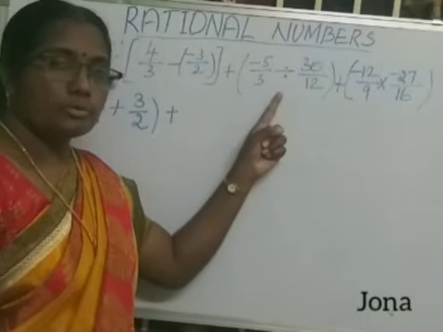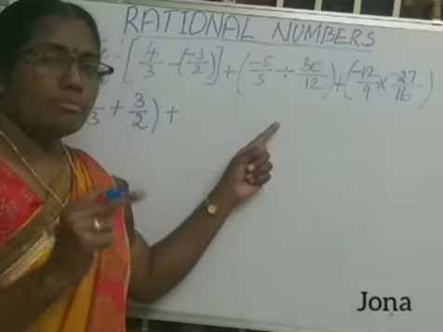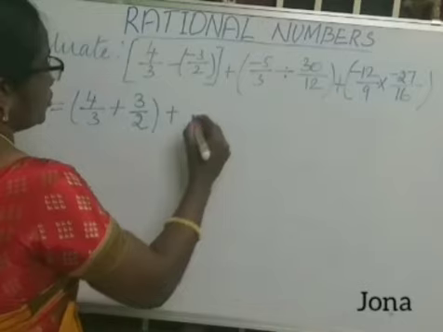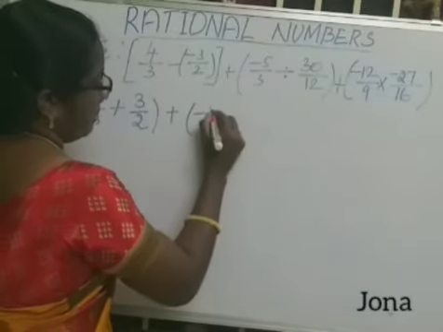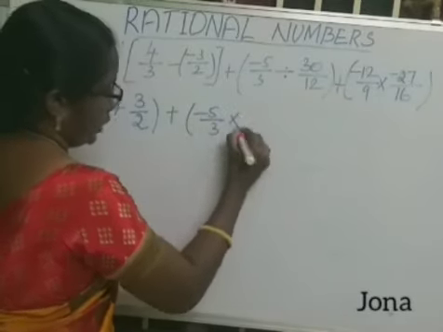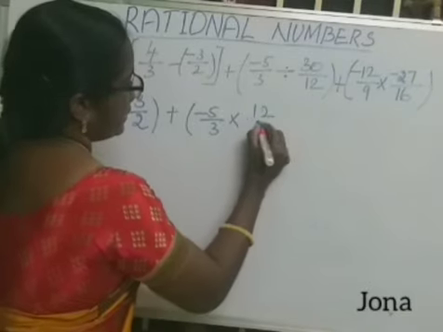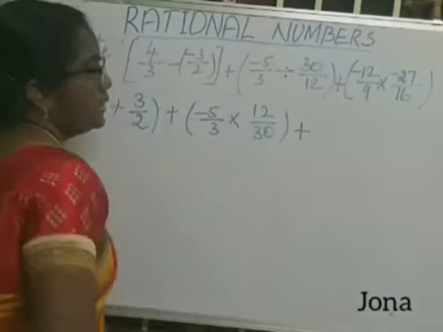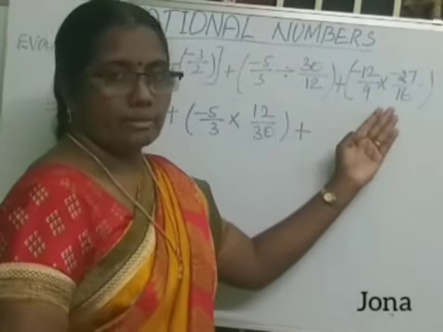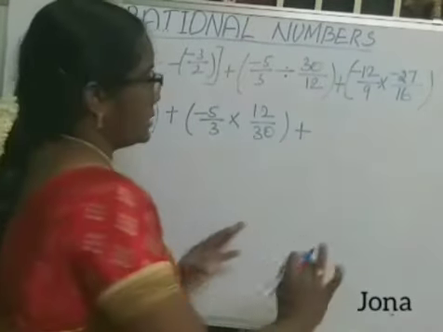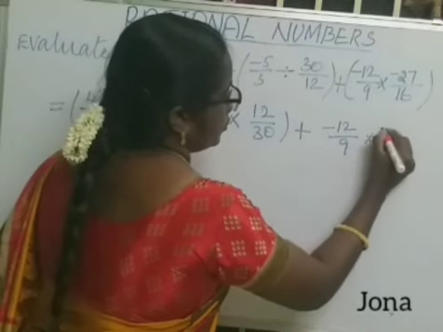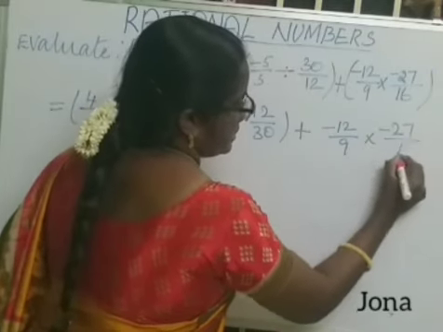So what we have to do there, for this division put the multiplication symbol and take the reciprocal of the second number. So take the first number as it is, minus 5 by 3 into 12 by 30, and then plus. Now look at the next one, here product only, so no need to do anything, keep as it is there. So minus 12 by 9 into minus 27 by 16.